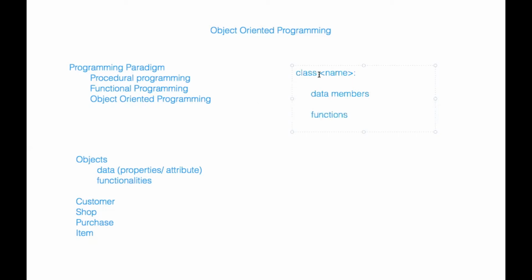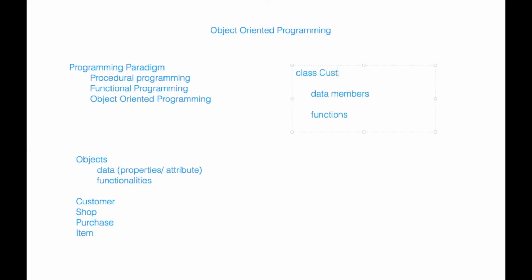Class is a definition of an object. In the definition, we provide the properties, attributes or data members required for a particular object, and we provide the functions. It can be one function, two functions, three functions, however many you want to compute on this data.